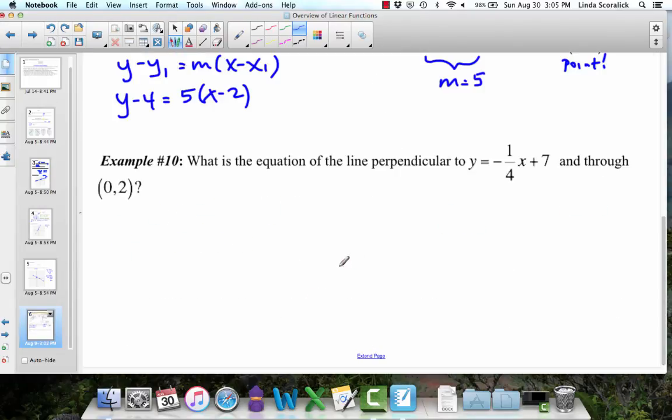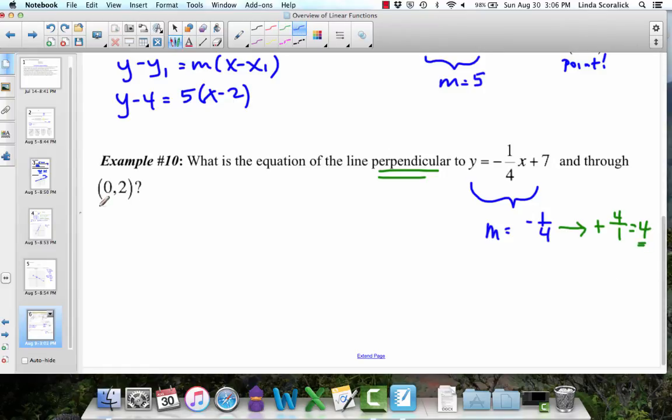In example 10, what is the equation of a line that is perpendicular to this one? Again, we want to pick out the slope. Here our slope is negative 1/4. But because we're asked for a perpendicular line, this needs to change. Flip the sign, it was negative, so it's going to become positive. And flip the fraction, it was 1/4, so we're going to use 4/1, which means the slope we want to use is 4.